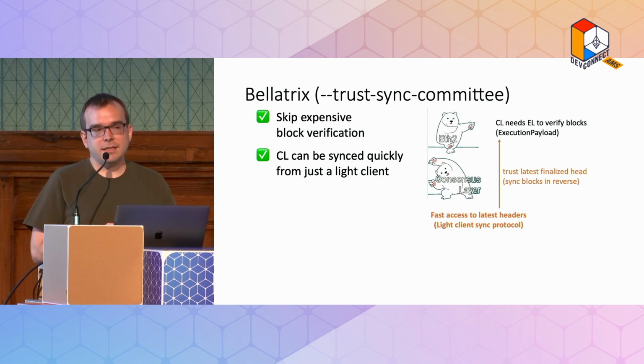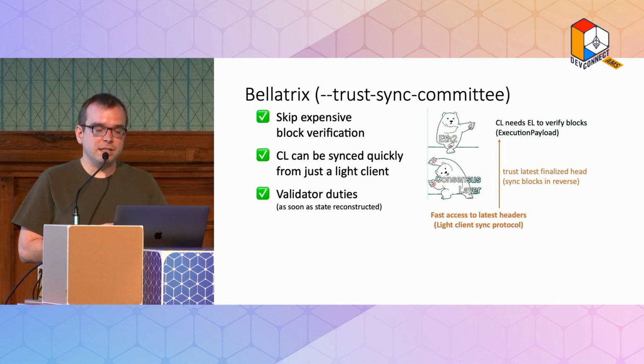So you can get to the current head very quickly if you initialize using this Light client sync protocol. This is useful if you want to sync from the Altair start, or if you are offline for a couple of days. As soon as you are there, you reconstruct the entire state, and you can do full validator duties if you also have a synced EL.